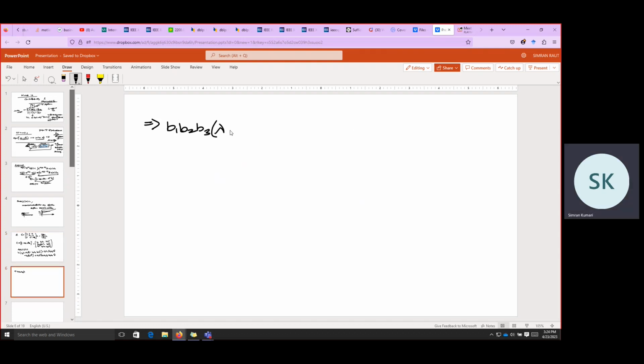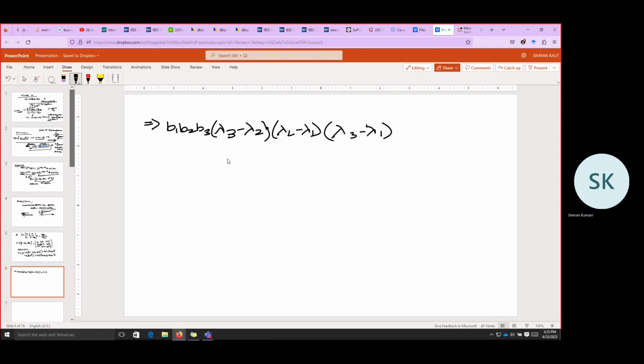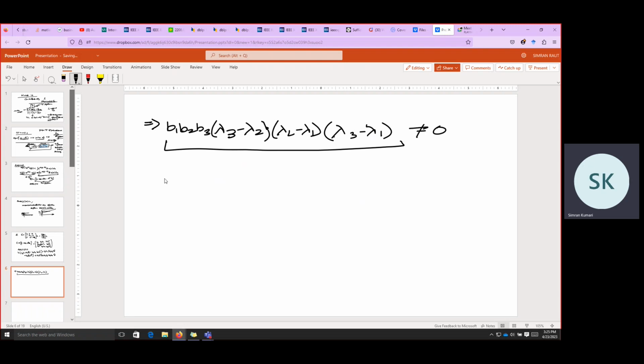Apart from this, we have lambda 3 minus lambda 2, lambda 2 minus lambda 1, lambda 3 minus lambda 1. So this is the determinant of this one, and this should not be equal to 0.